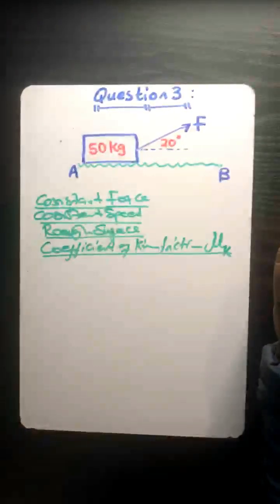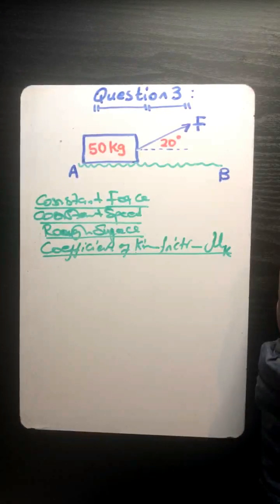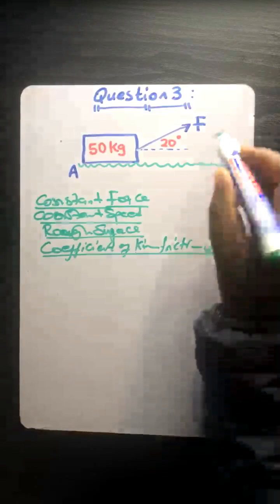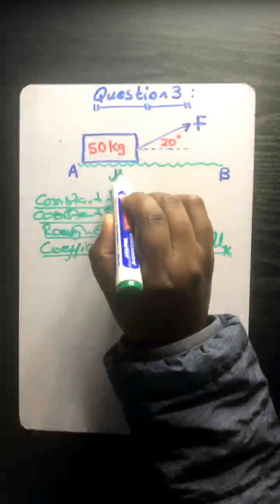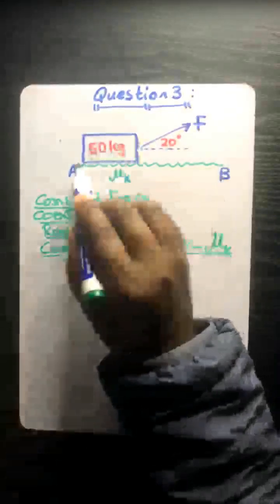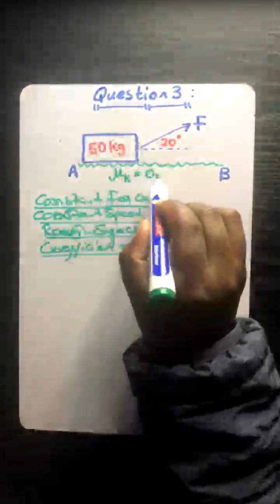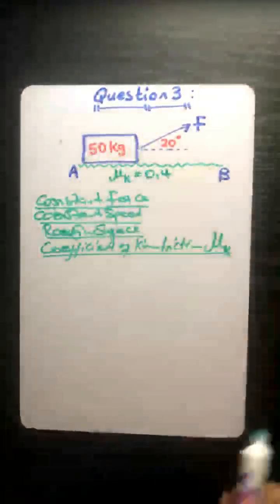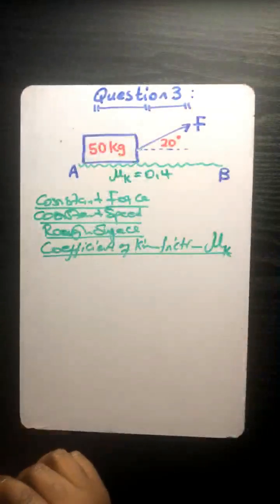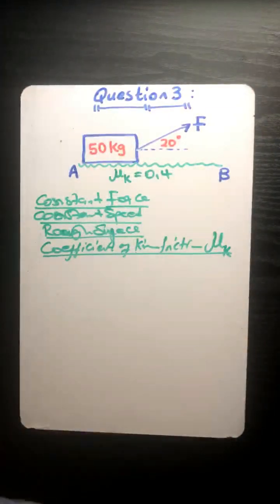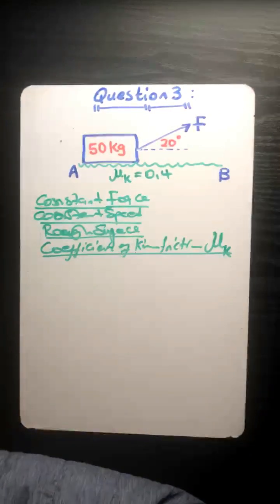The coefficient of kinetic friction between the block and the surface is 0.4. In short, they're saying that mu between the object and the rough surface equals 0.4. I think that's all we are given under the statement.